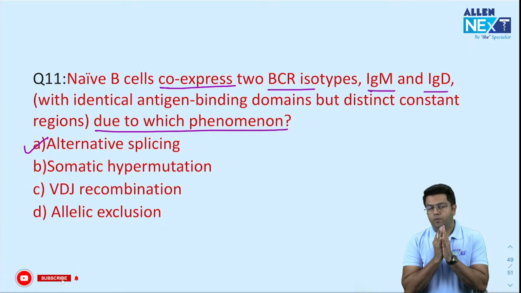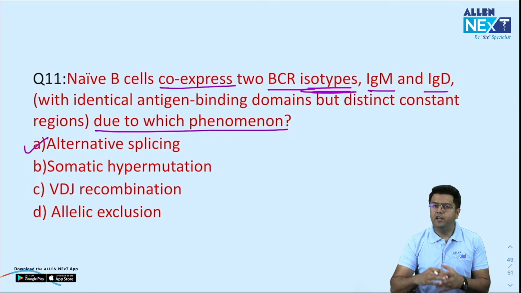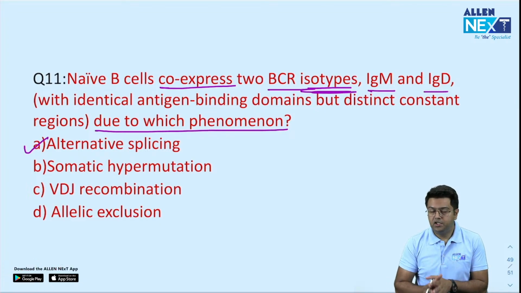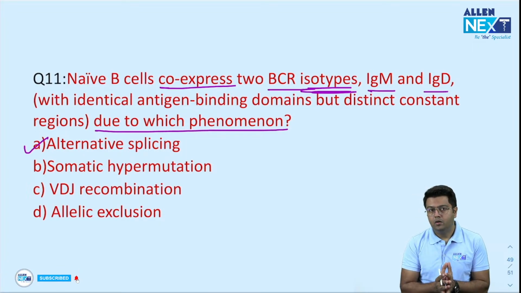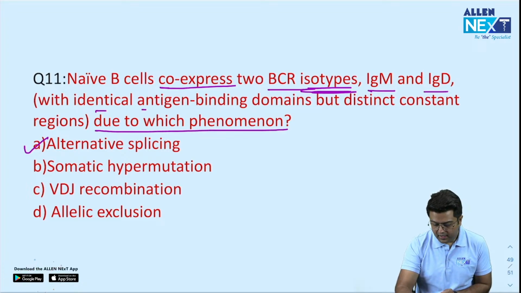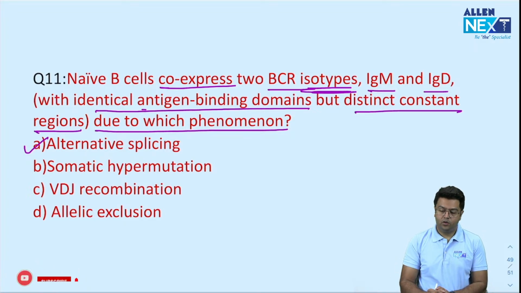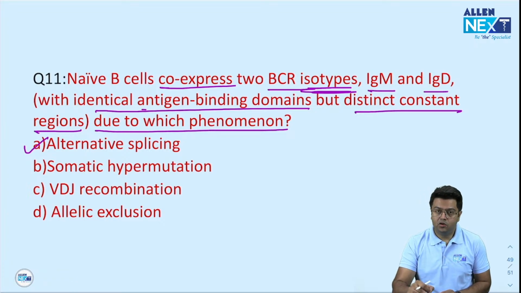From one gene, when they write isotype, or even if they don't write it, we know that IgM and IgD are isotypes, right? They are made from one particular heavy chain gene. They have identical antigen binding domains but distinct constant regions, so they can be made by a process called alternative splicing, right guys?